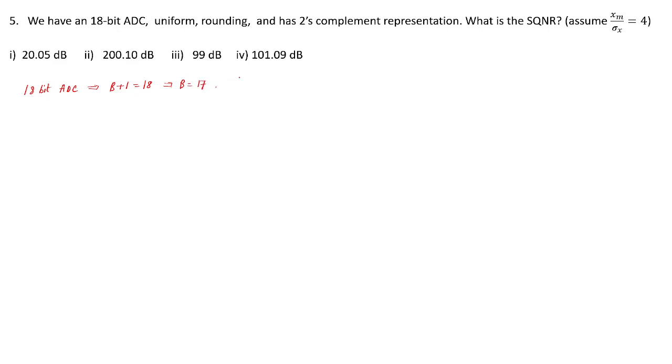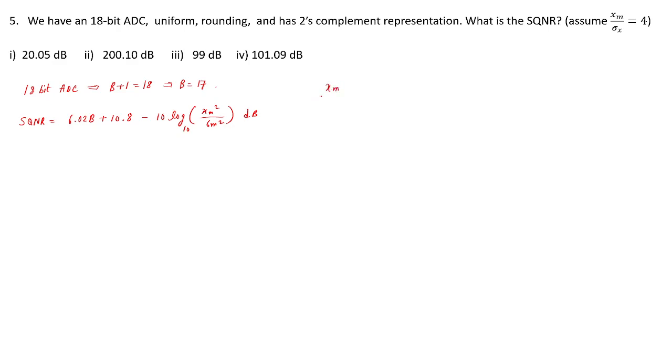Okay, and let us revisit the SQNR expression again. Write it down. 6.02b plus 10.8 minus 10 log base 10 xm square by sigma x square dB.